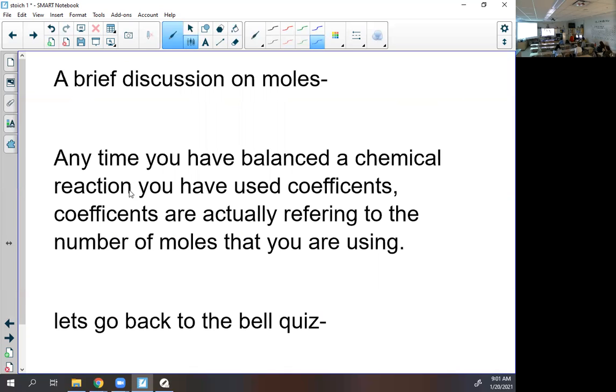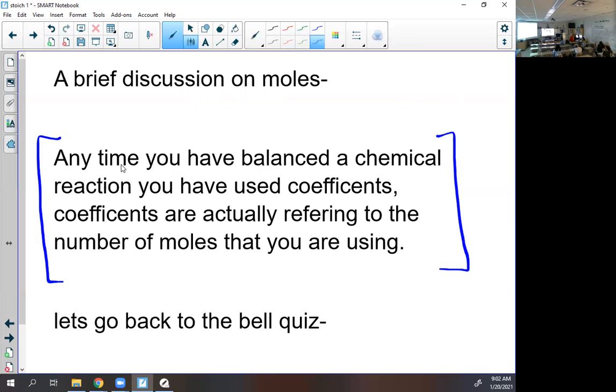So here we go. Moles are not the devil. It's just a number. So don't overstress it. Now here is a life changer. Anytime we have been balancing a chemical reaction, we have used coefficients.